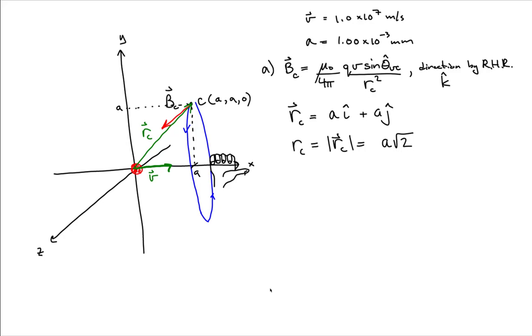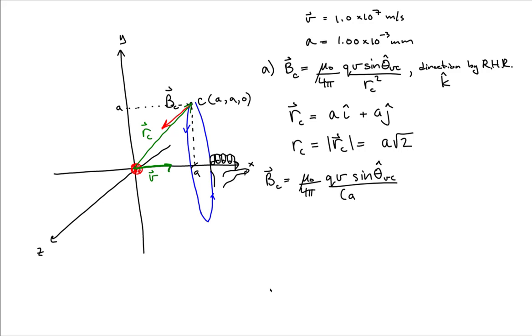So now we have everything we need. We have the magnetic field at point C is equal to mu naught over 4 pi q v. Oh, well, we need to know the sine of the angle between the velocity and point C. So let me go ahead and write sine of the angle between the velocity and point C over the distance squared.